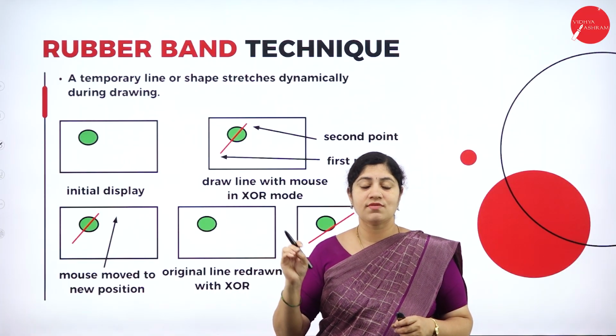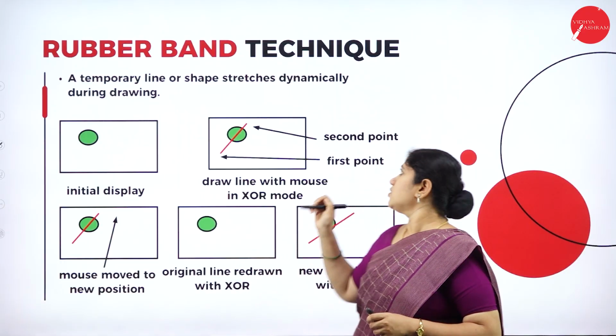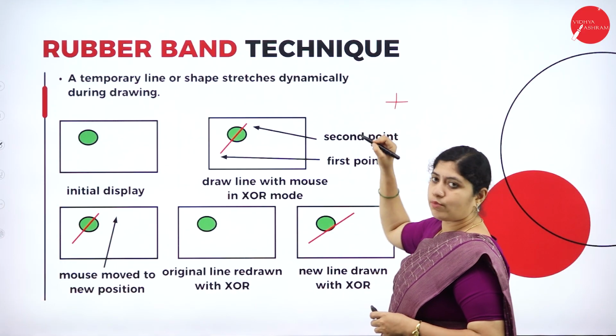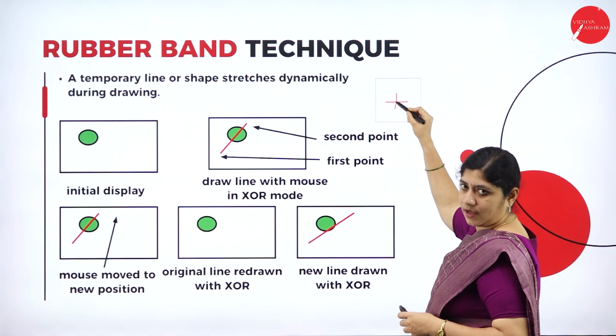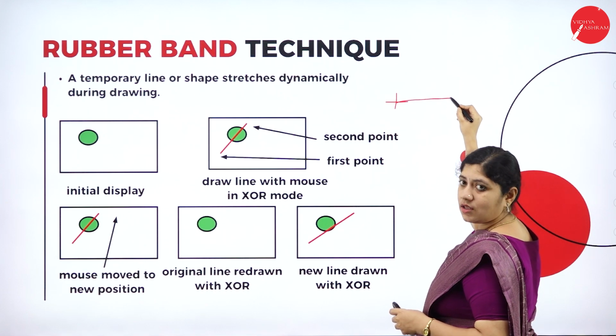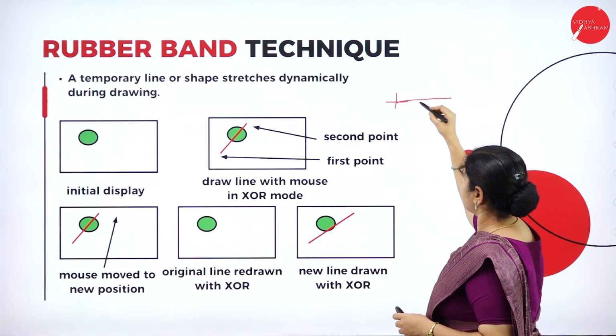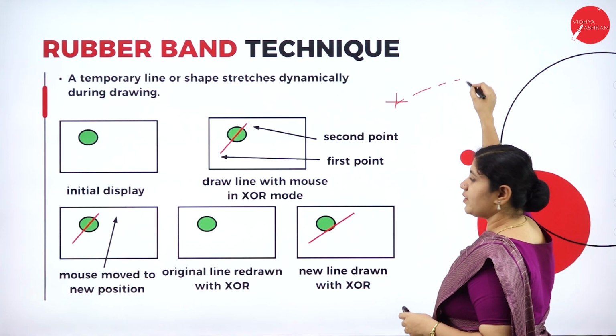You might have seen while working in Paint, we start from a point, okay? Let's consider this is my starting point in Paint and I need to draw a line. So a line will start from here and the end point will not be fixed. It will be moving. The cursor at this point will be moving.